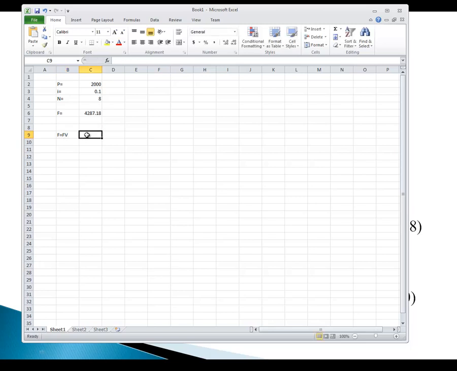All I need is to say equals FV, and it gives me the arguments. First I need to put the rate, which is 10%, or I can use this cell here, comma, then the number of years, which is 8.